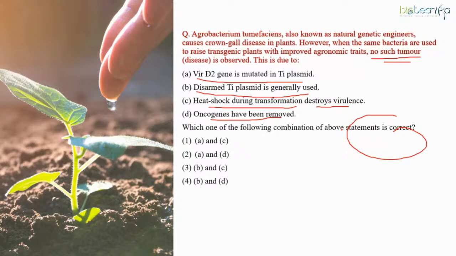Can anyone tell me what should be the correct combination over here? Do you have any idea about the disarmed plasmid, disarmed Ti plasmid?